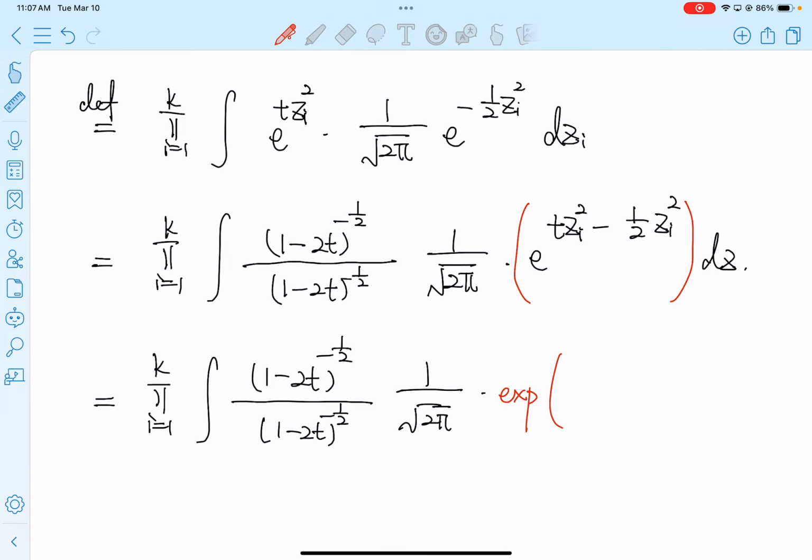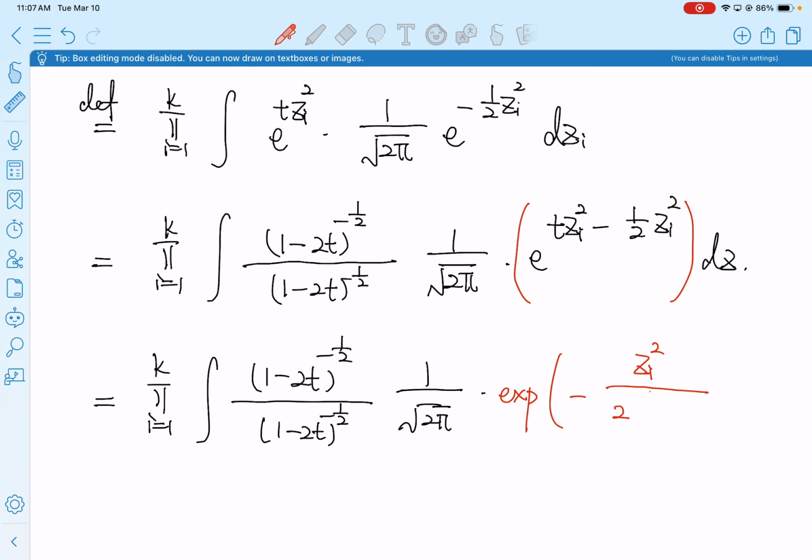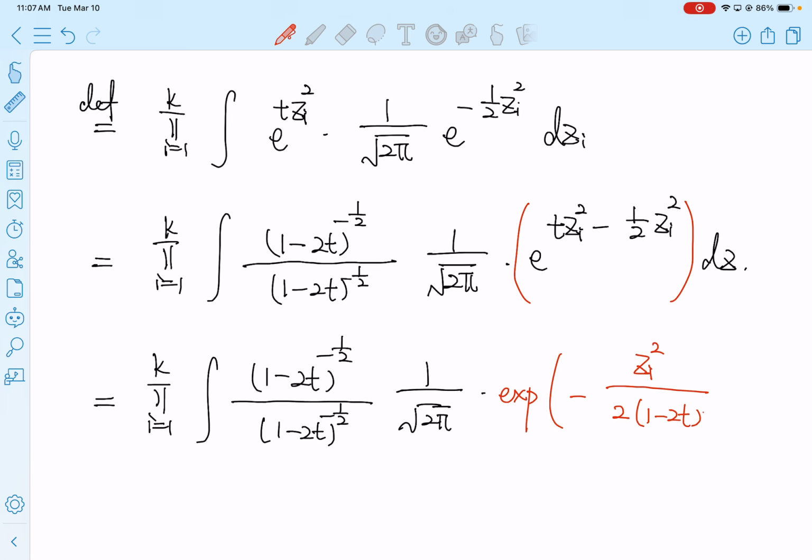This part is a little bit tricky, but I'm just going to provide you the result for now. This is equal to negative zi squared over 2 times 1 minus 2t to the power of negative 1.